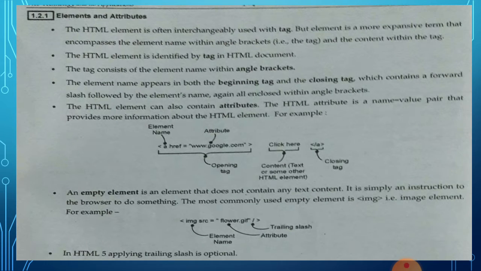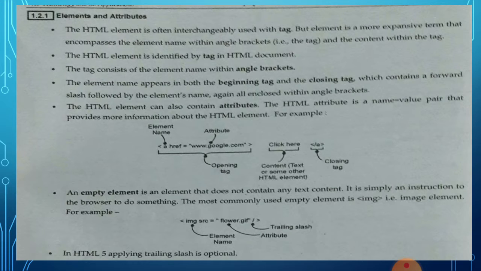So next, let's learn about the elements and the attributes of HTML. An HTML element is often used interchangeably with tag, but element is a more expansive term that encompasses the element name within an angle brace.